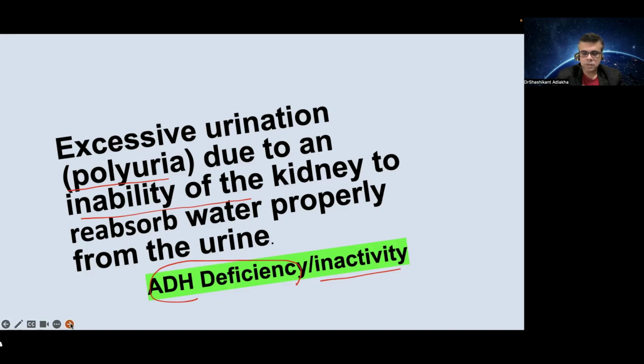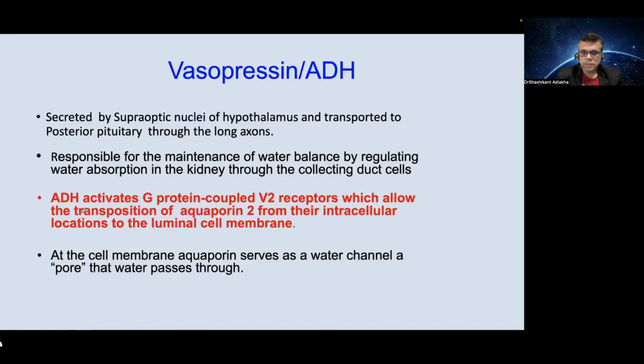ADH becomes resistant. So let's discuss a bit about ADH or vasopressin before going towards diabetes insipidus. Vasopressin, or ADH, is secreted by the supraoptic and paraventricular nuclei of the hypothalamus and transported to the posterior pituitary through the long axons of the neurons.